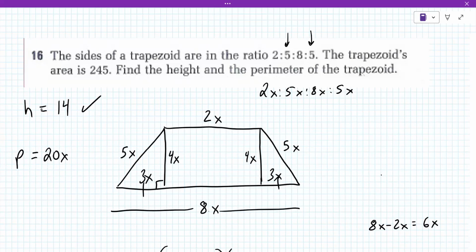Okay. We want to check the reasonableness of our answer. Perimeter and area are not that much related, but they should be within the same order of magnitude, roughly. So go ahead and recalculate that for us, please.